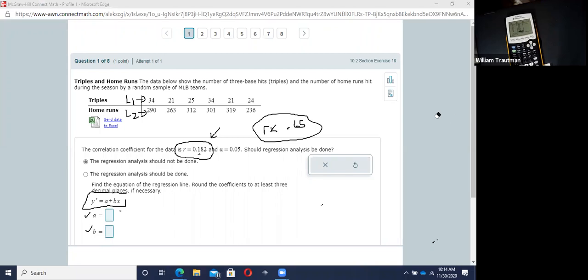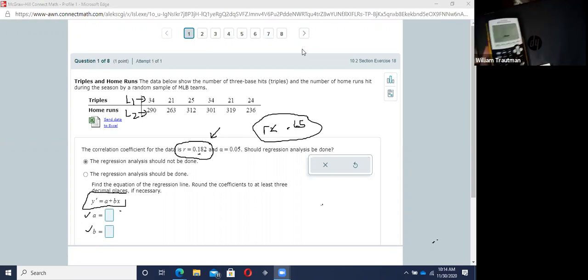There's no submit button, so I think because I'm reviewing it, I don't get anything. But regression does not have to be done here because R is less than 0.65.